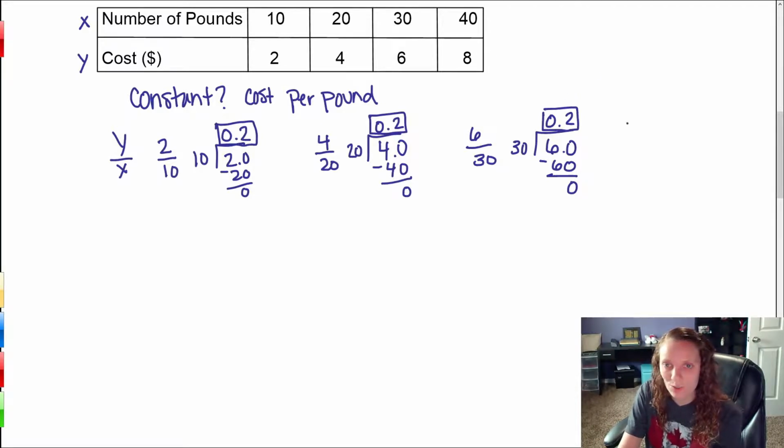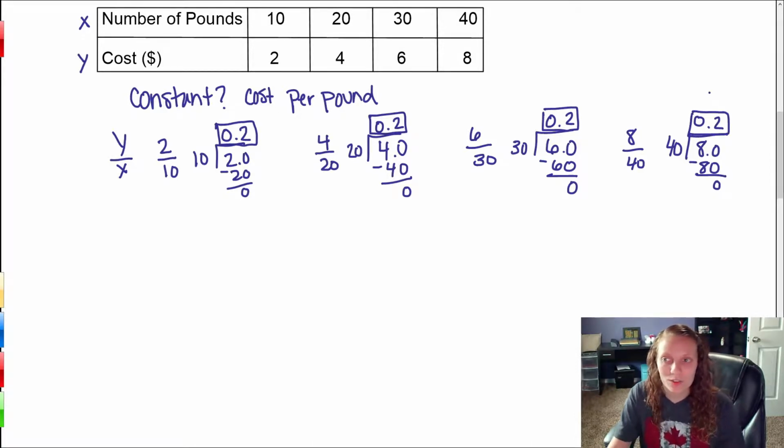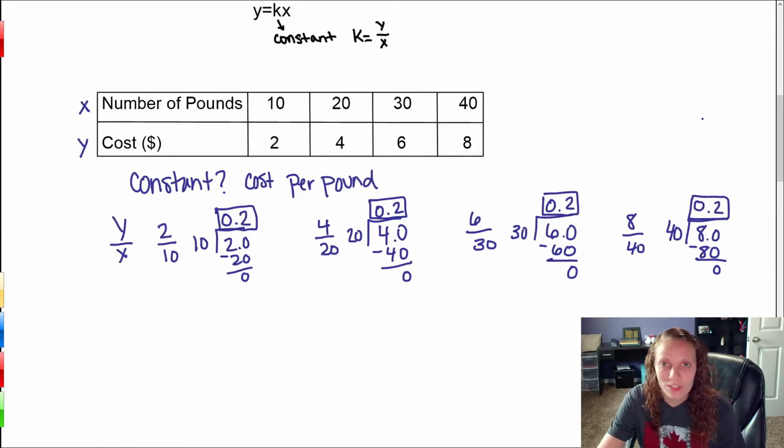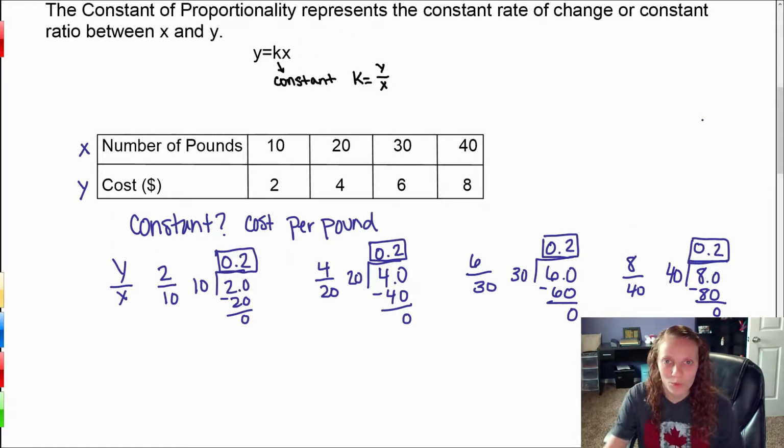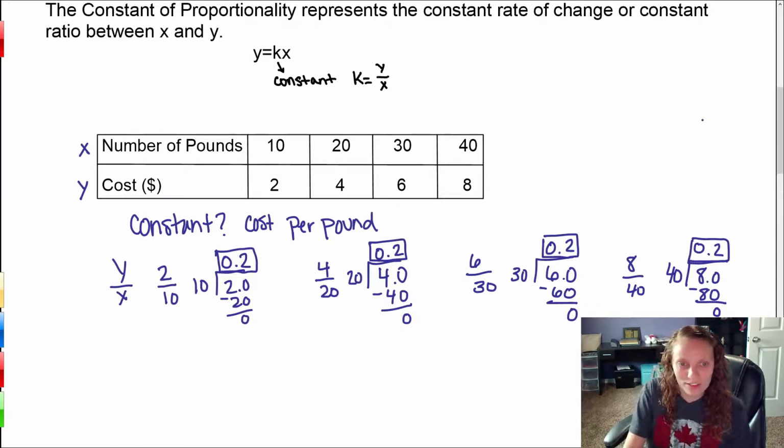Let's try the last one. 8 over 40. First in, last out. 40 does not go into 8, so I'm adding my decimal and zeros. 40 does go into 80 2 times. 40 times 2 is 80. Okay, so we got 0.2 every single time. So let's write an equation for it. We know our constant rate of change.